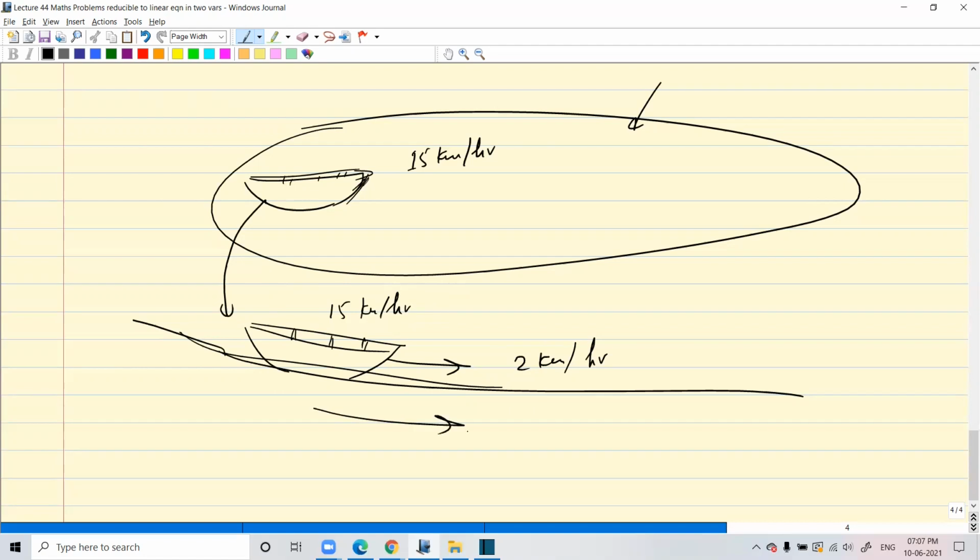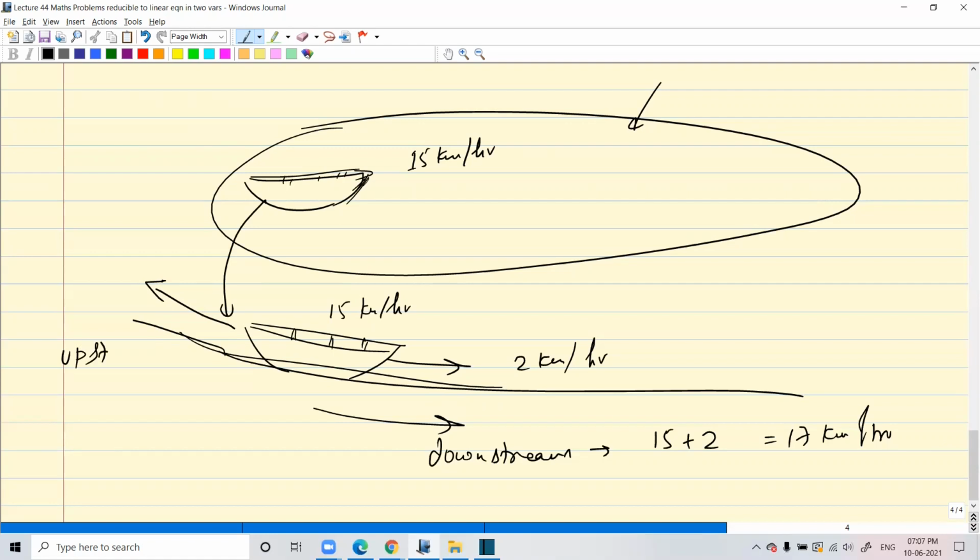So this boat already has a speed of 15 kilometers per hour on its own. But if you try to go downstream, the river will help you. So what will be the overall speed, the actual speed of the boat? It will become, yes, because the river is helping you, 15 plus 2, that is 17 kilometers per hour. Everyone understands this? But if you try to go against the river, you want to go up now.